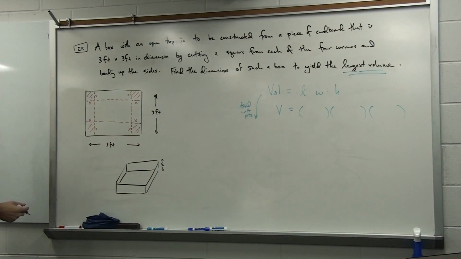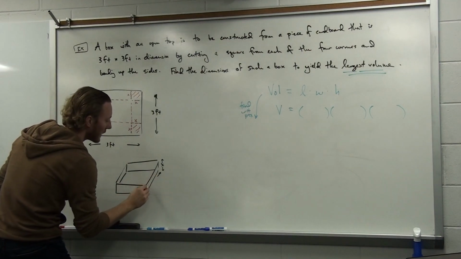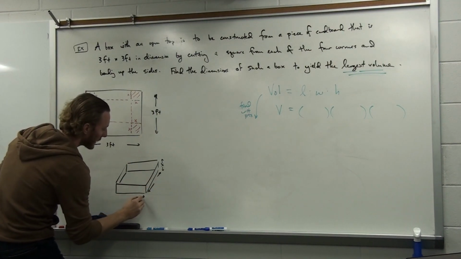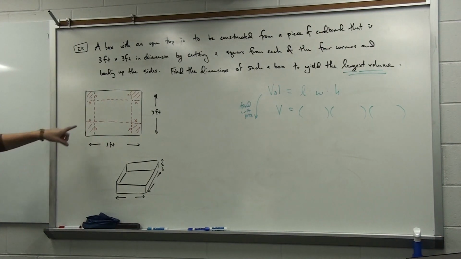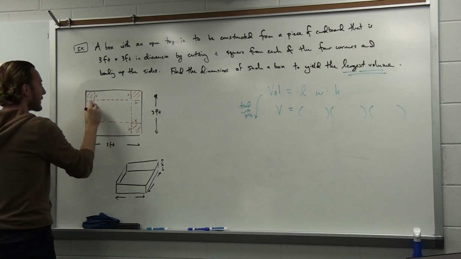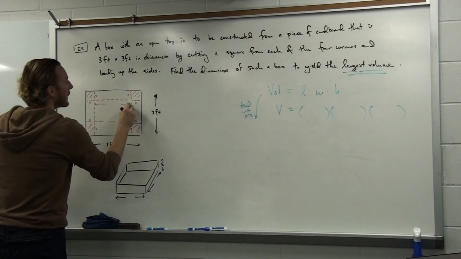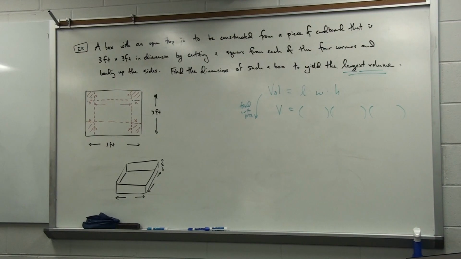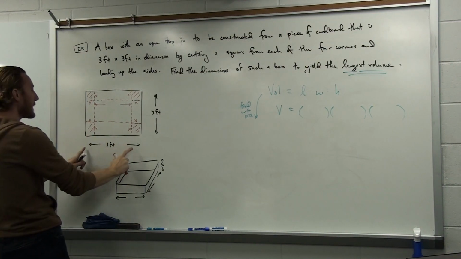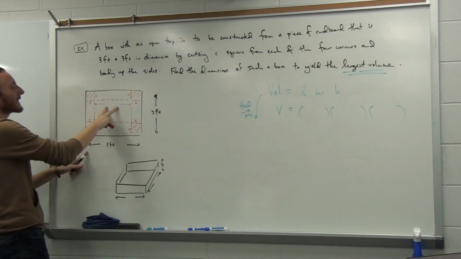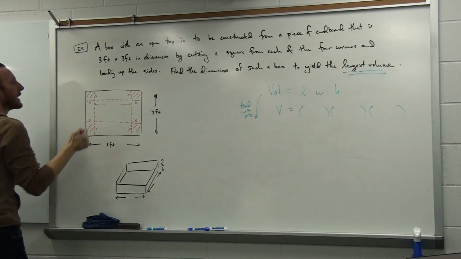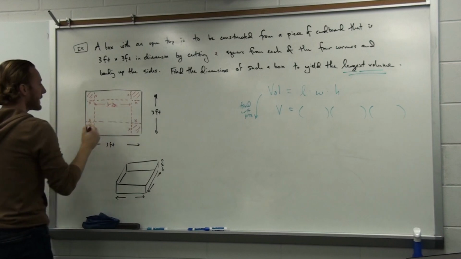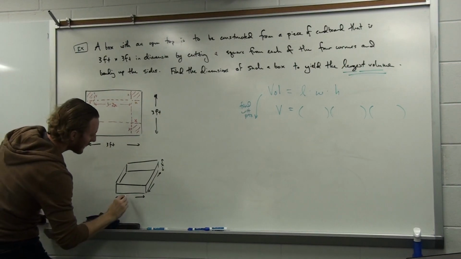Okay, but that doesn't describe the other 2 dimensions of your box. How big is the box in terms of length and in terms of width? Well, you can also see that from the picture as well, right? Because this measure here is just the width of the box. Now, while the width of the original piece of cardboard was 3, the width of the box is not 3. 2 x's have been taken away. So the width is 3 minus 2x.